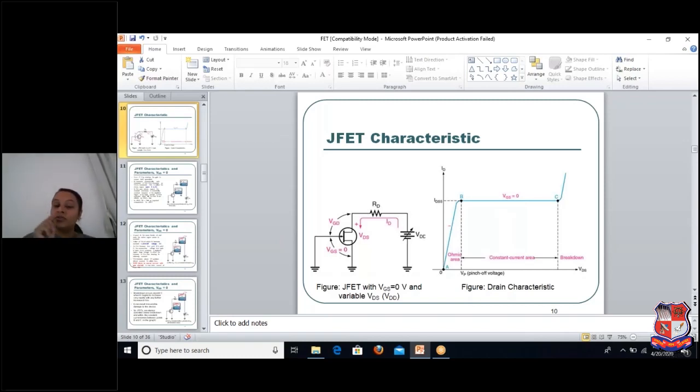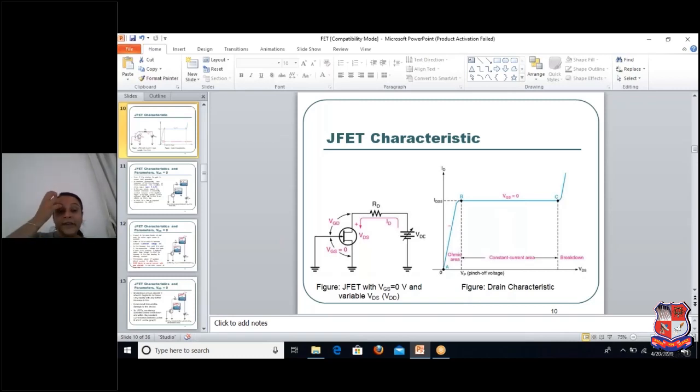From these characteristics we can conclude that your current depends on the gate to source voltage. Whenever your gate to source voltage is 0, your pinch off voltage is 3 volt. We will assume that.